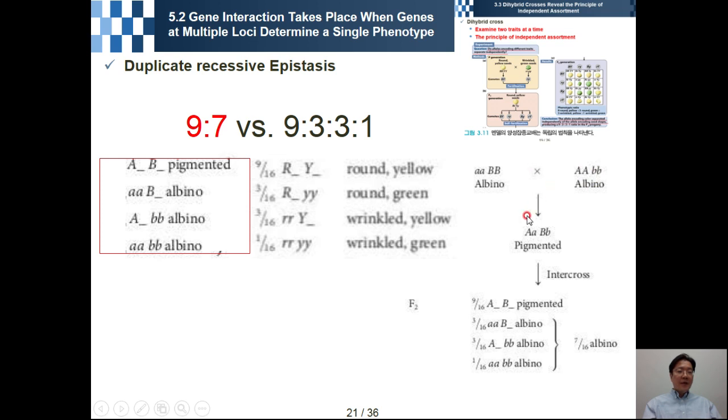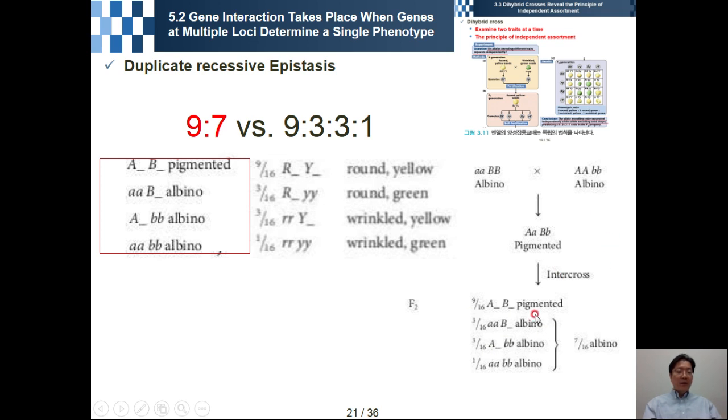After crosses, the F1 generation is large A, small a, large B, small b. Like a dihybrid cross, the F1 generation will have large R, small r, large Y, small y. After that, we did intercrosses.